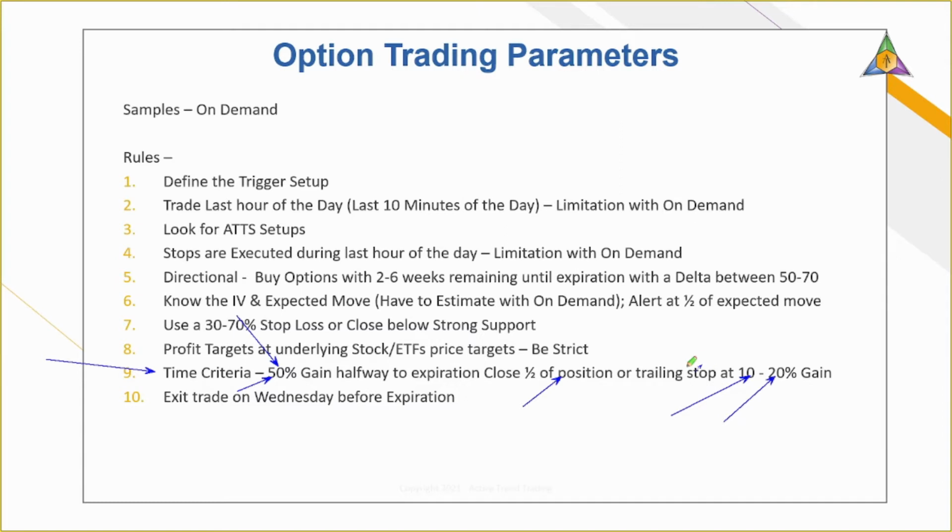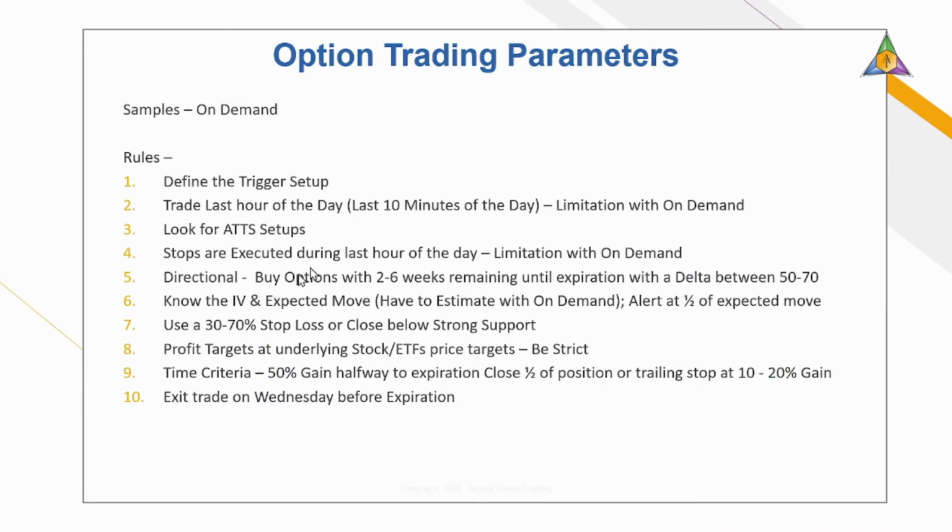Well, actually, it's a little bit more than that. It'd be more like about 60 to 80% of the gain itself, but I'm still getting out profitable. And then last but not least, I exit on the Wednesday before expiration. That's if I haven't triggered my loss.